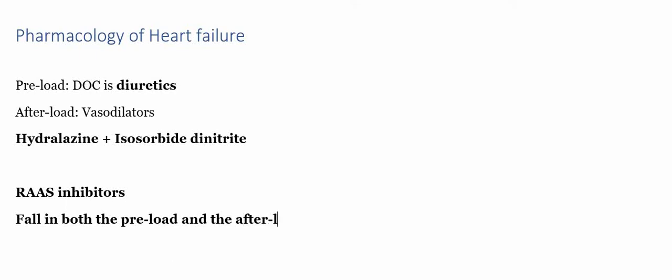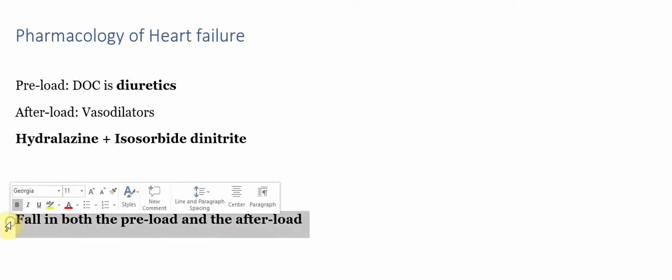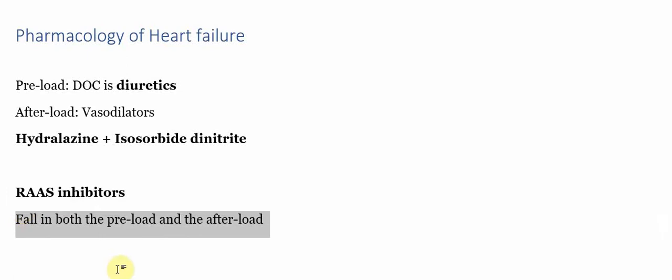So this is a very important thing which you really do need to understand. How so? Because of the inhibition of the vasoconstriction carried out by angiotensin 2, as well as an inhibition of the water retention and salt retention, which is a primary mode of action of aldosterone, which is produced as a consequence of the stimulation of the RAS system in the kidney. So this is very important.